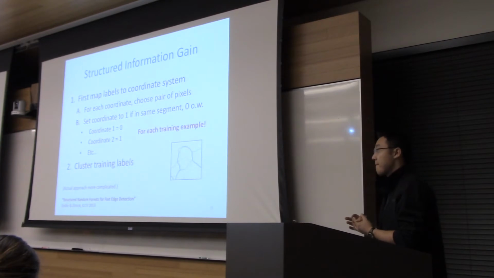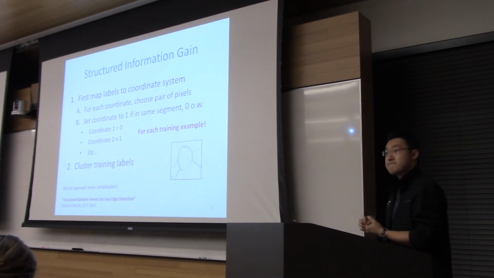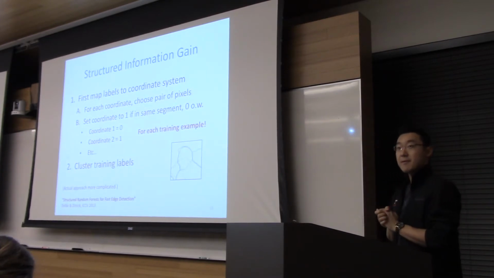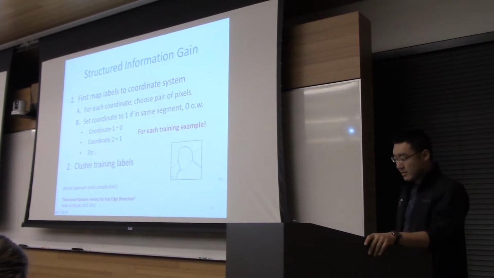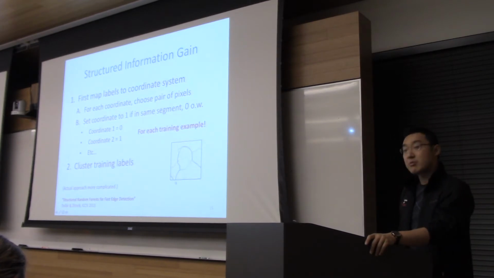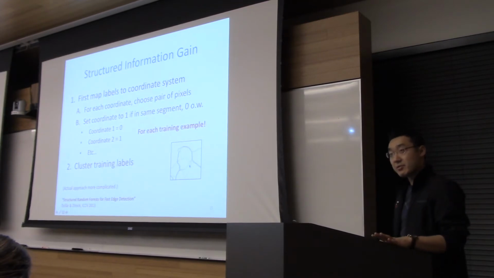Any questions on that? Yes. For part 1, part B, did they do that by hand, or do they already have the edges? Right, so this is a supervised learning setting, so we assume that we're given a supervised training set where all the images have their edges labeled.